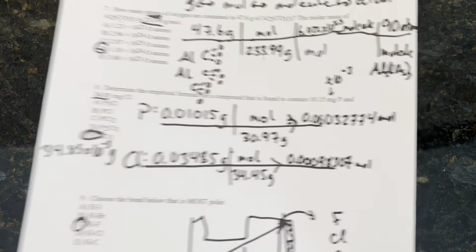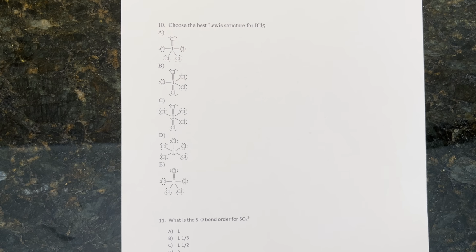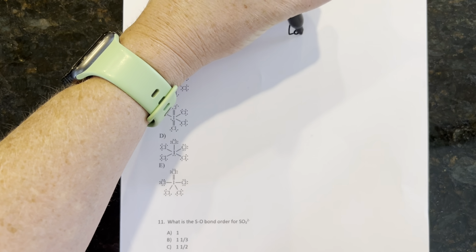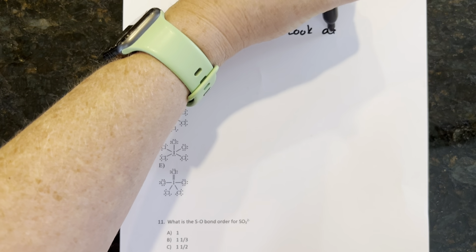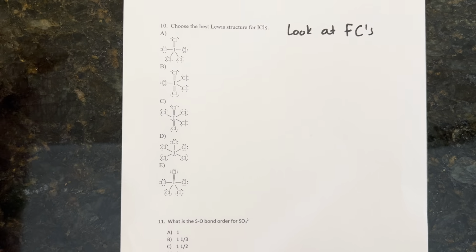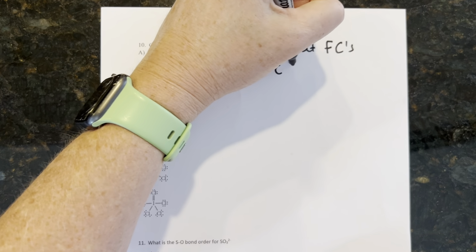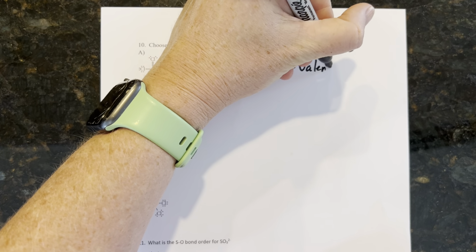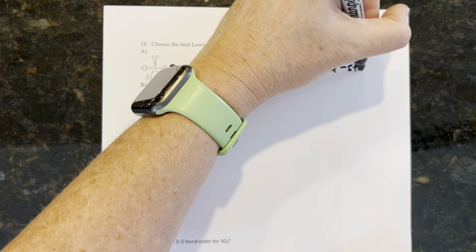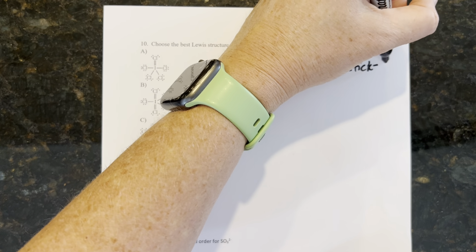Choose the best structure for ICl5. There's a few different ways we can go about this. I would look at formal charges though. Formal charges are valence minus sticks minus dots.